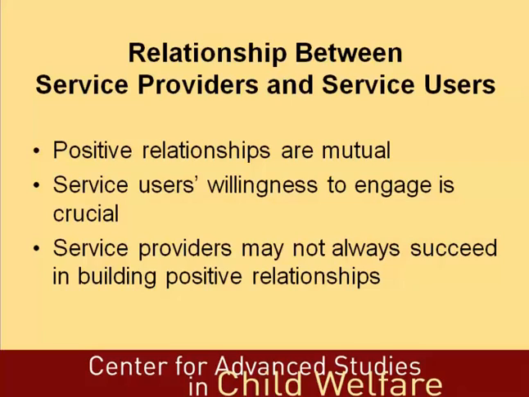If service users have mistrust of other governmental departments or services, or have had negative experiences with governmental departments or services in the past, they may not participate willingly in professional relationships with service providers.